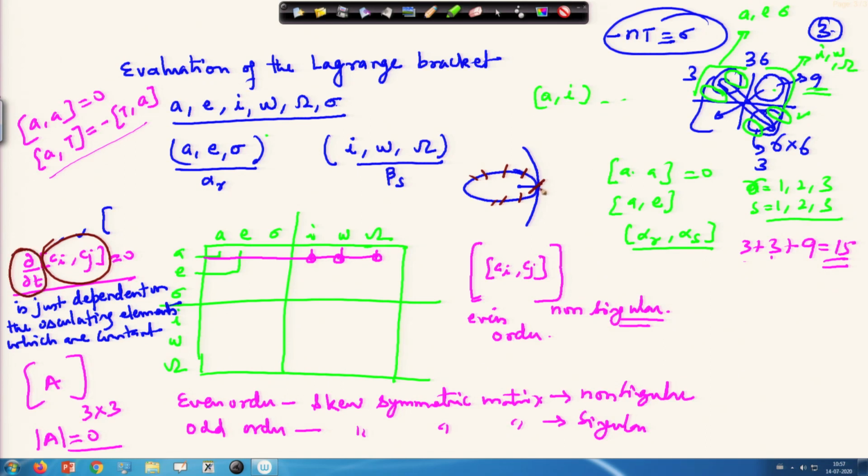That means I can also evaluate it at the perigee location, and this property we are going to use next to evaluate the Lagrange bracket corresponding to alpha r, alpha s.